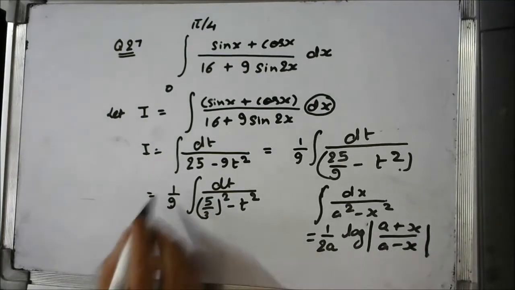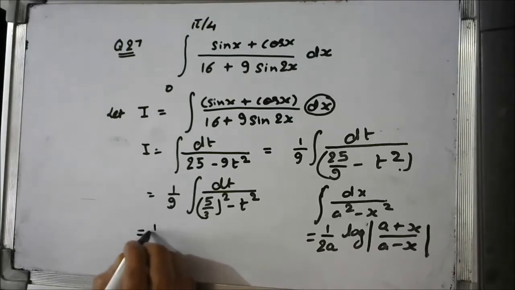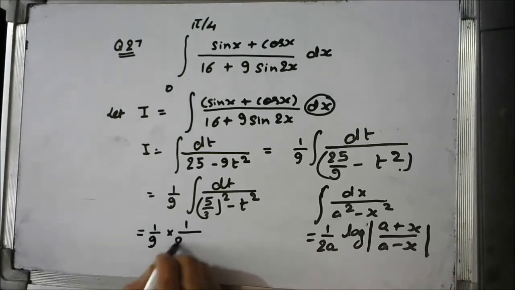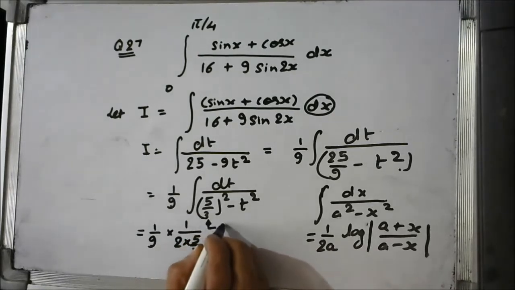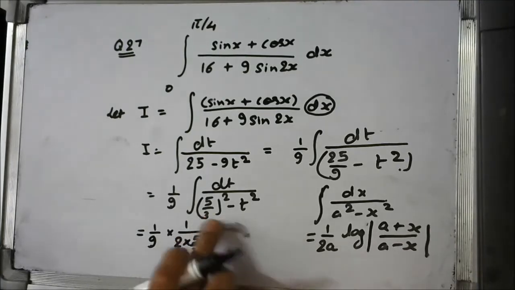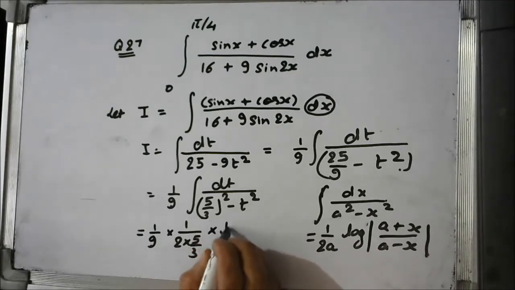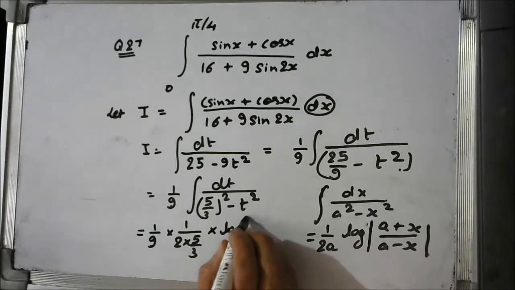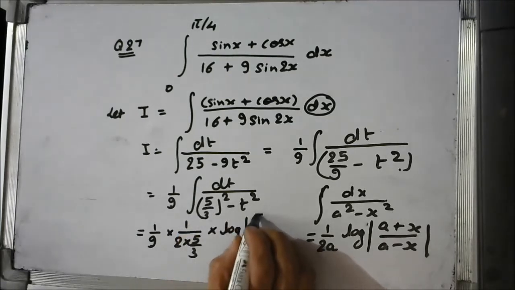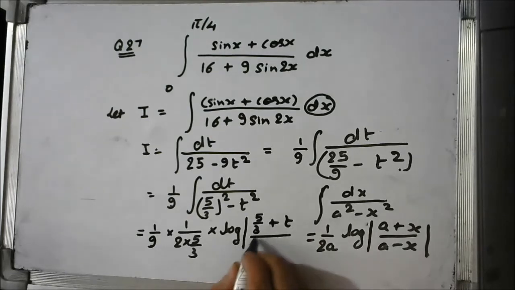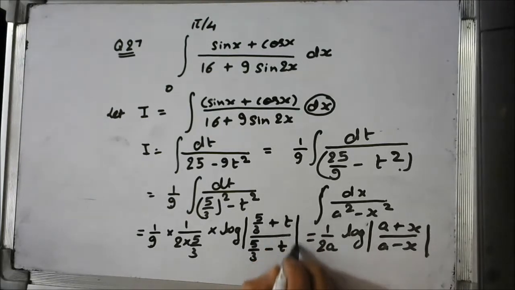So using this result, my integral becomes 1 upon 9, 1 upon 2 into 5 by 3, which here behaves like a, into log of a plus t divided by a minus t.